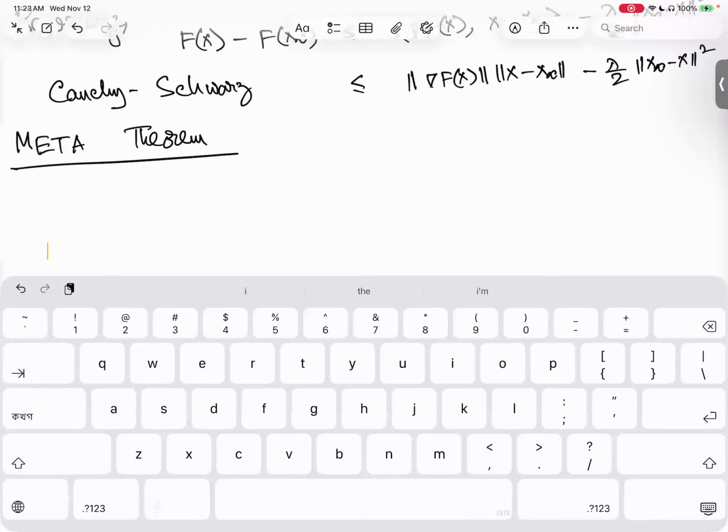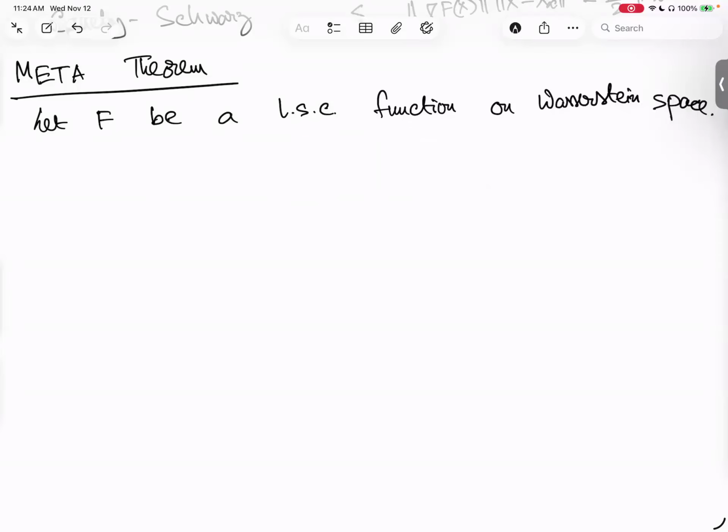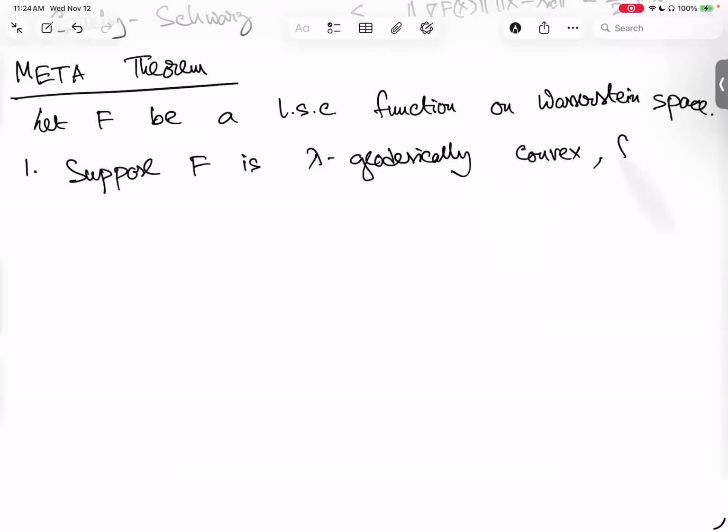So your meta theorem is the following. Let f be a lower semi-continuous function on the Wasserstein space. Number 1. Suppose F is lambda geodesically convex for some lambda positive.